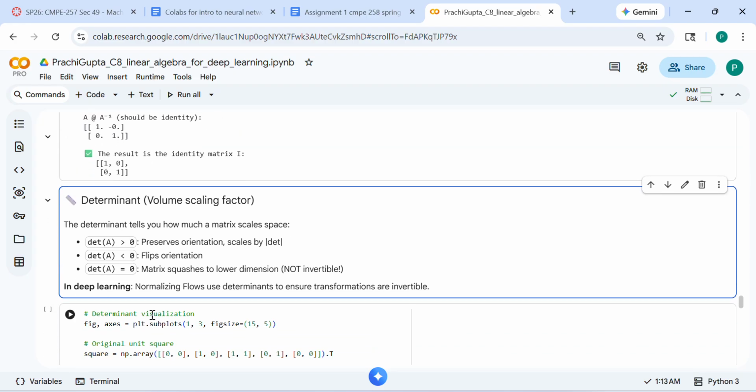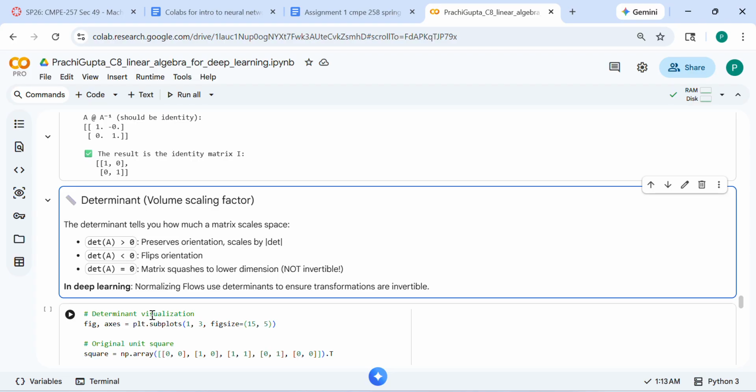Now the next is determinant. Determinants basically tell us how a matrix scales space. A determinant of 4 means the area is quadrupled. If the determinant is negative, the orientation flips.